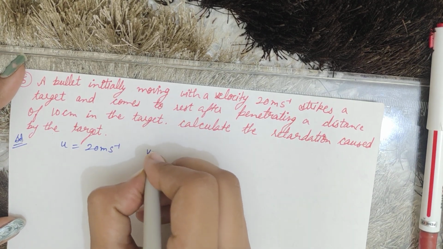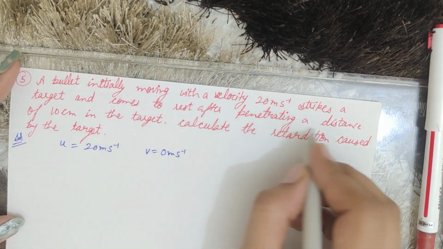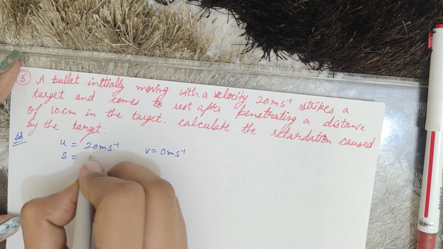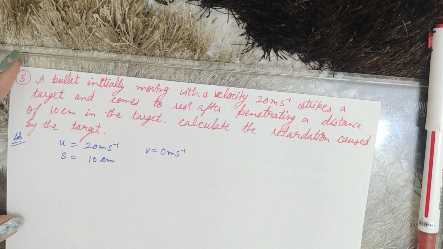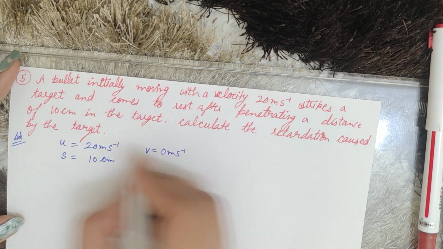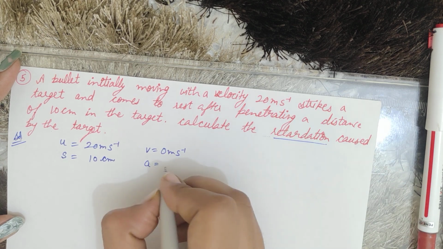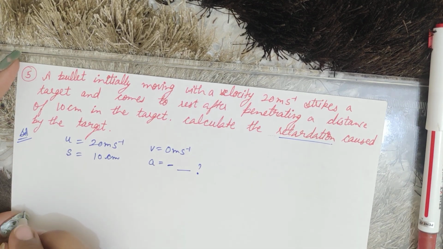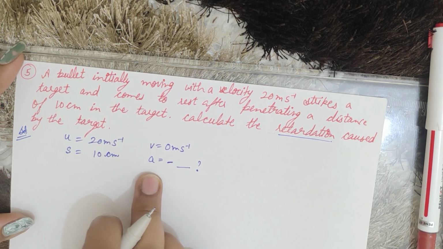Coming to rest means the final velocity is 0, after penetrating a distance of 10 centimeter in the target. 10 centimeter is the distance travelled by the bullet inside the target. We need to calculate the retardation caused by the target. We need to find the acceleration, because they are saying retardation, it means the answer will come in the negative. Acceleration we need to find out for this question.